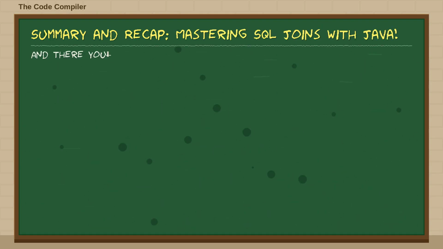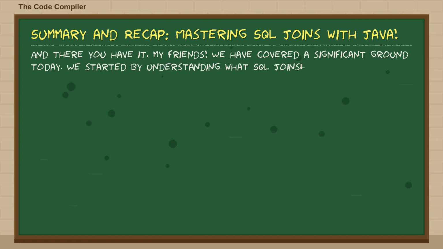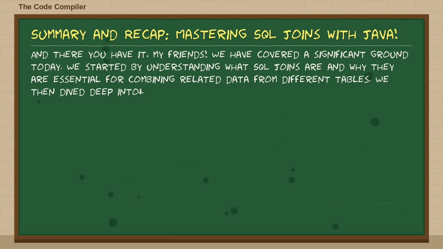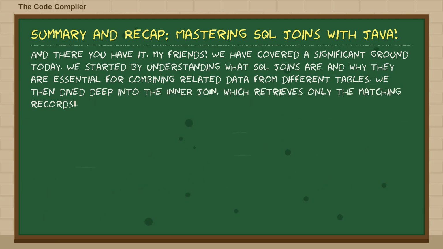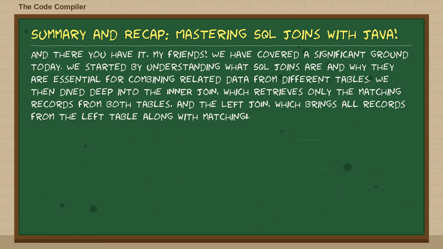And there you have it, my friends. We have covered a significant ground today. We started by understanding what SQL joins are and why they are essential for combining related data from different tables. We then dived deep into the inner join, which retrieves only the matching records from both tables, and the left join, which brings all records from the left table along with matching records from the right.